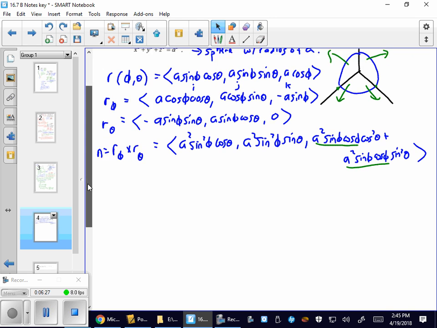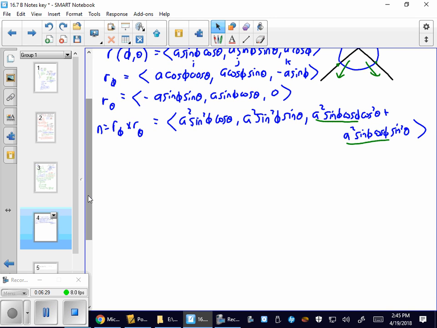What do I have in common that's going to help out here? I have an a and a sine phi in each. I can't pull a sine squared phi out because I only have one sine phi in the last one. And I want to keep an a in there with everything else.